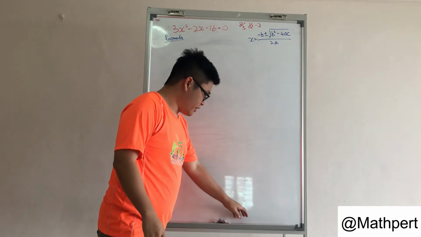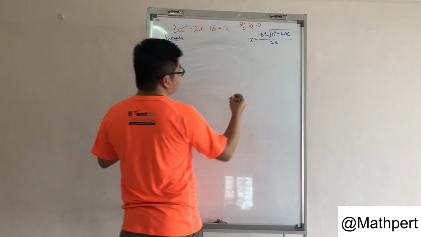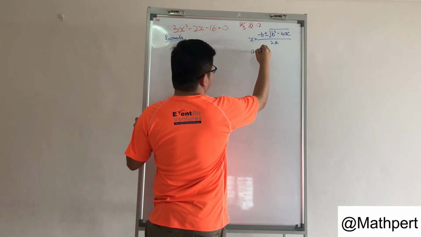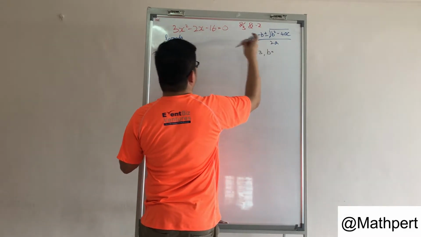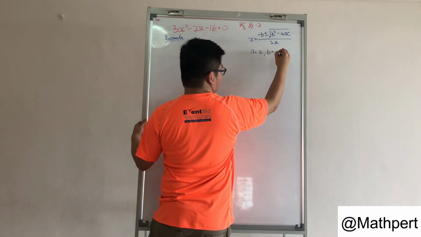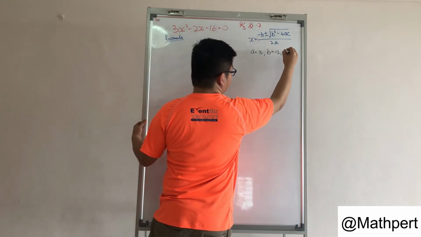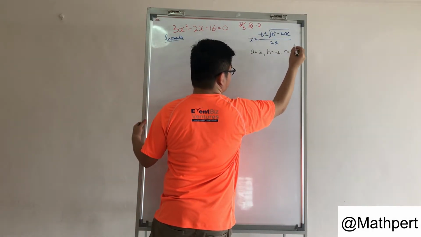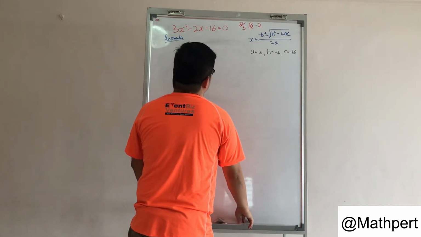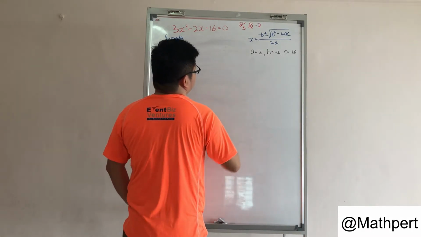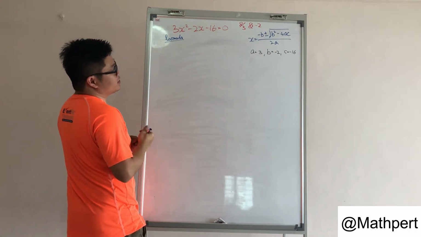So in this quadratic equation, a is equal to 3, b is equal to negative 2, c is equal to negative 16. So we just substitute a, b, c into the formula to find the roots of this quadratic equation.